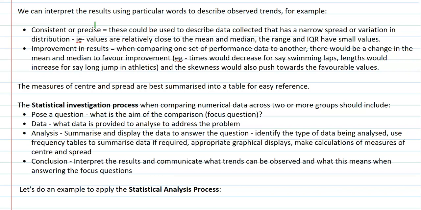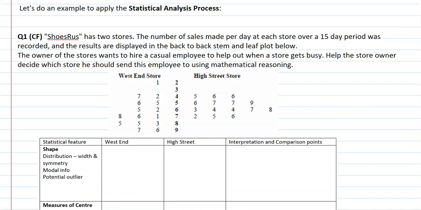So now we're going to do an example to just demonstrate how you would apply this statistical analysis process. The example we're going to look at will always be a complex familiar type scenario. This one's based on a shoe store. Shoes R Us have 2 stores.